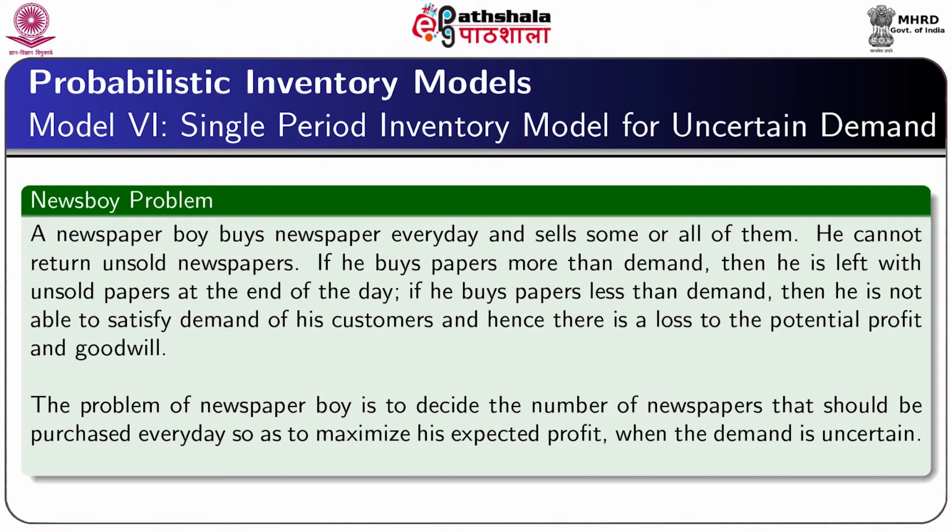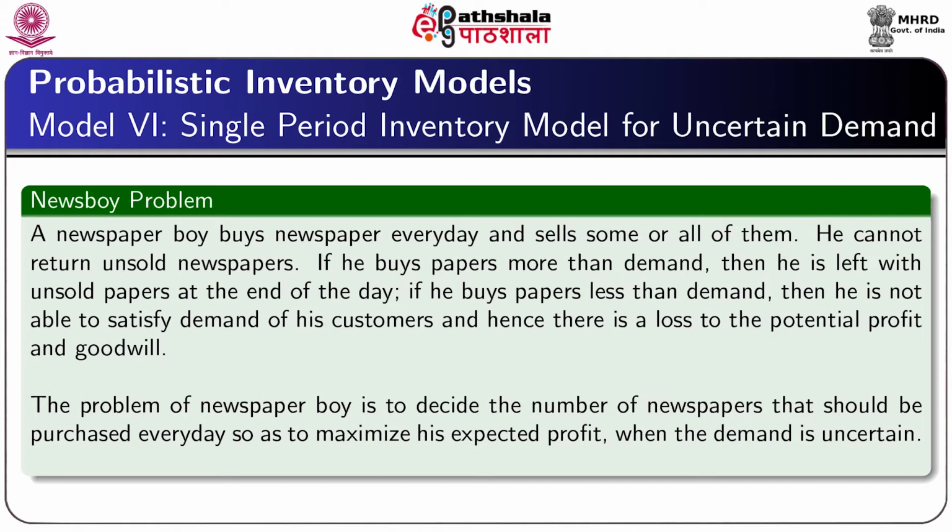A newspaper boy buys newspapers every day and sells some or all of them. He cannot return unsold newspapers. If he buys more papers than the demand, then he is left with unsold papers at the end of the day.